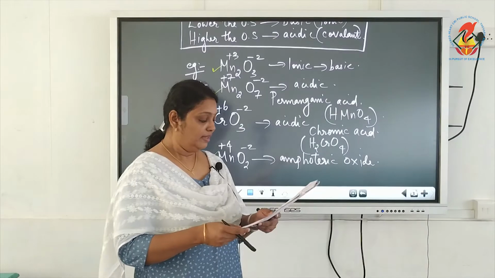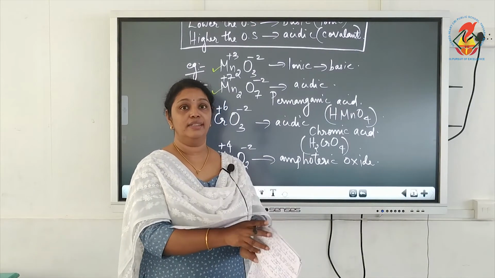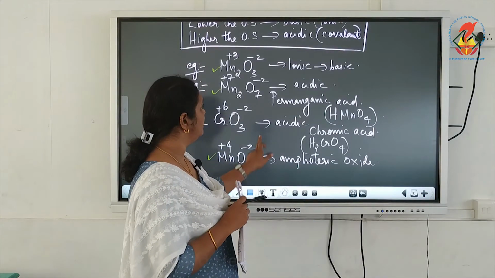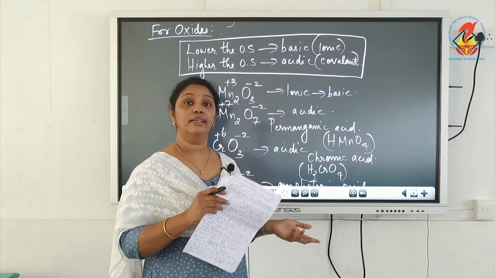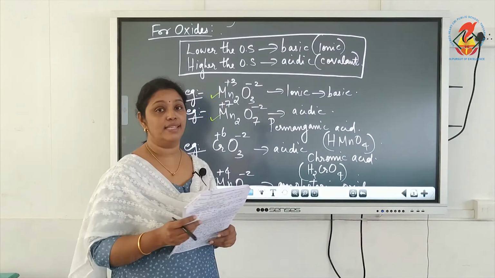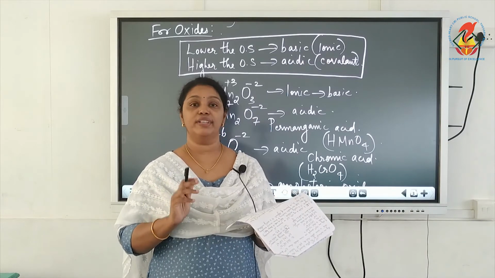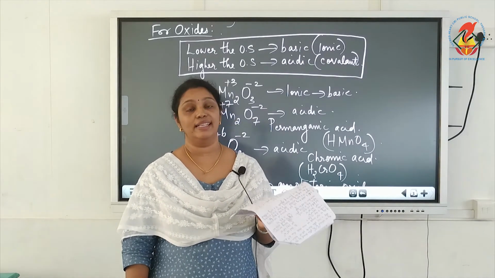manganese. Now next let us see a question. We discussed that the lower the oxidation state, the oxide is basic in nature, and the higher the oxidation state, the oxide is acidic in nature. Now the question is, the lowest oxide of transition metal is basic and the highest is acidic.